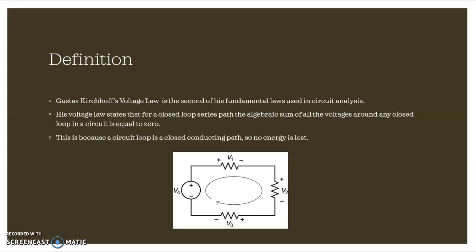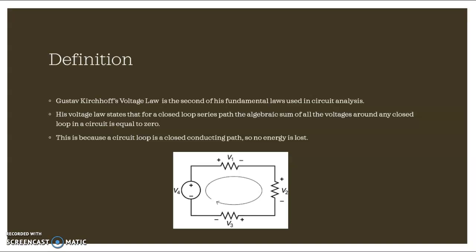And so we'll move on to the formal definition. Gustav Kirchhoff's voltage law is the second of his fundamental laws used in circuit analysis, the first one being KCL, which is Kirchhoff's current law. His voltage law states that for a closed loop series path, the algebraic sum of all the voltages around any closed loop in the circuit is equal to 0.